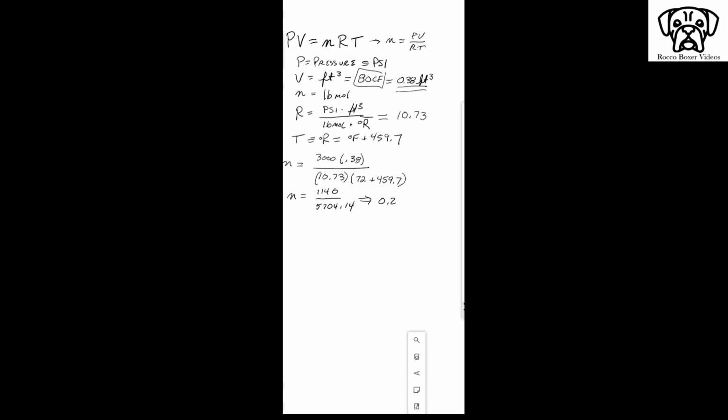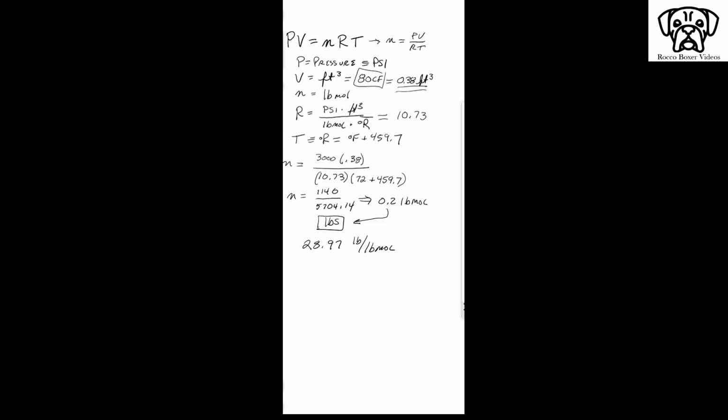That brings us to 0.2 pound moles. Now we have to convert these pound moles into pounds, because that's what we want to measure. To do that, we multiply by the molecular weight of air. Air is not a single gas; it is made up of multiple gases: nitrogen, oxygen, argon, little trace elements of helium, etc. The molecular weight of that combined gas mixture we call air is 28.97 pounds per pound mole.